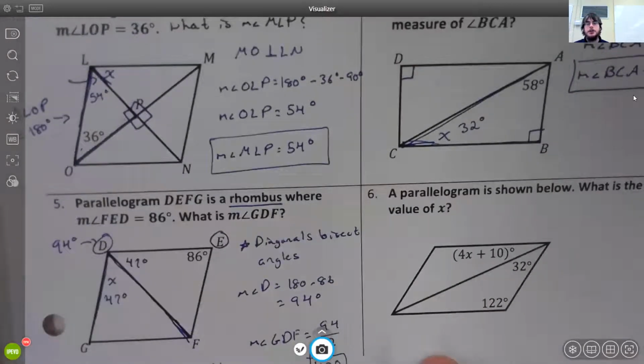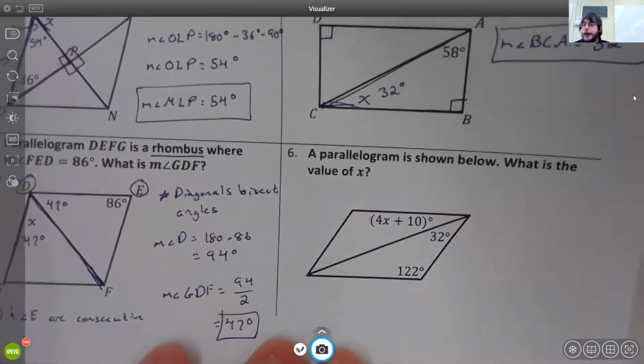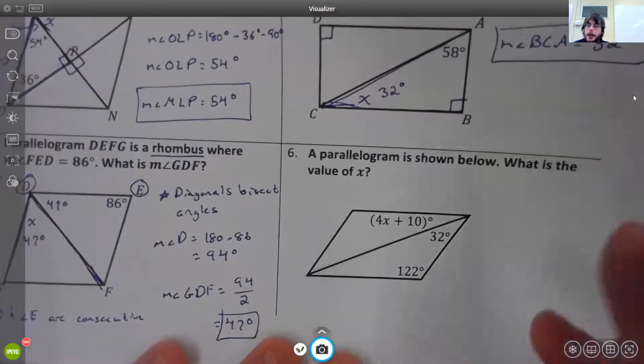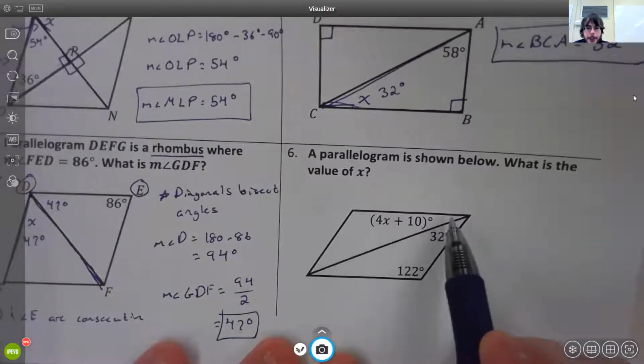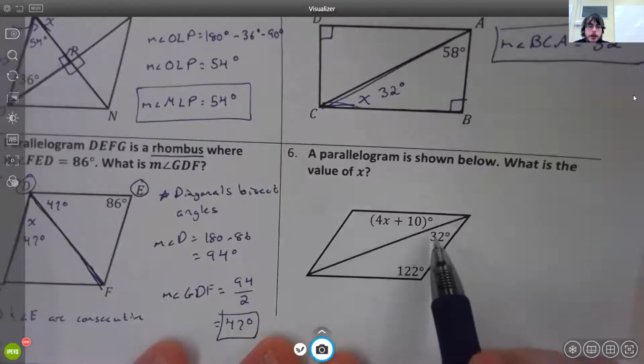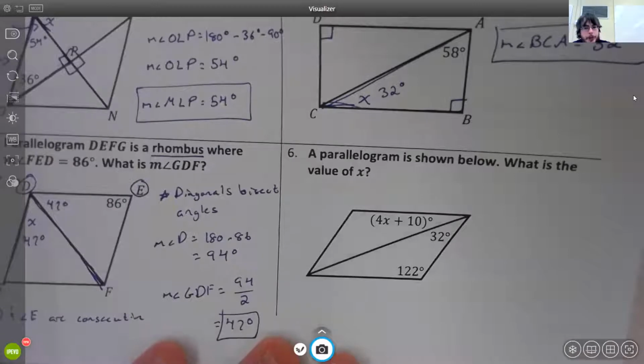And number 6, a parallelogram is shown below. What is the value of x? So here we're given a 122 degree angle. This just says it's a parallelogram, so we don't know if the diagonals bisect the angle or not. So we can't say that these two are just equal to one another, so we have to do something else.